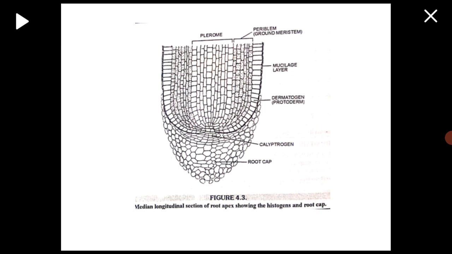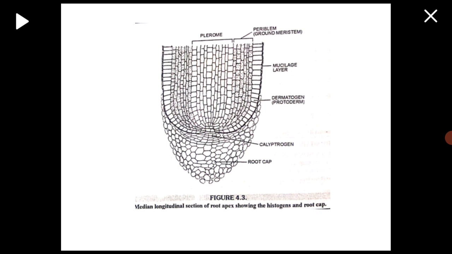This theory was proposed by Hanstein in 1870. According to this theory, the root apical meristem consists of a variable number of meristematic layers or zones, and each layer was called a histogen.